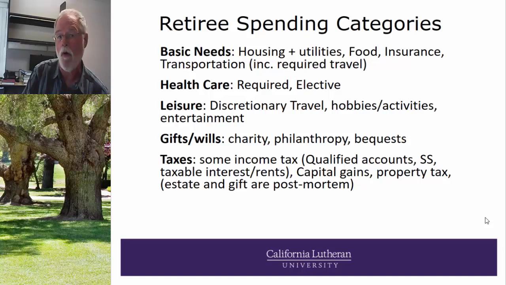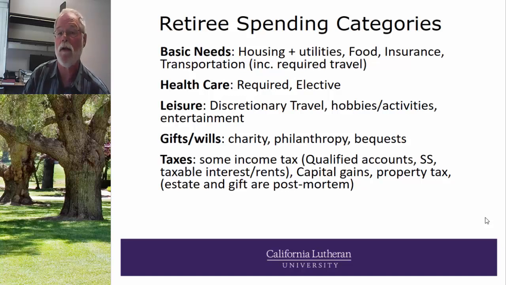So they can be controlled by the fact that you're in some places, you're in a house or something, you've already paid off your mortgage, that's not going to go up. Insurance rates don't go up nearly as rapidly as the CPI. Food costs will go up, but you can start to eat in more often as opposed to dining out.